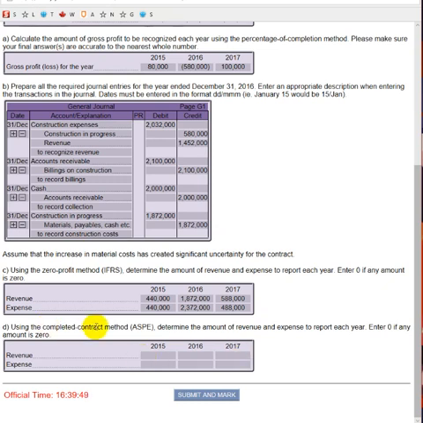Now, the ASPE method, completed contract method, is acceptable for ASPE, where it isn't acceptable for IFRS. So in the first couple of years, we just recognize nothing because we haven't completed the contract. So in both of those years, we have revenue of zero. Our expenses the first year is also zero.